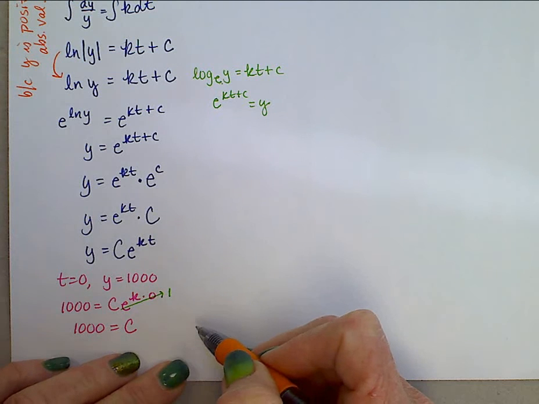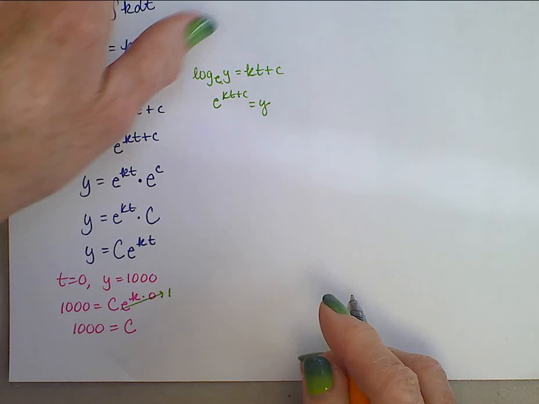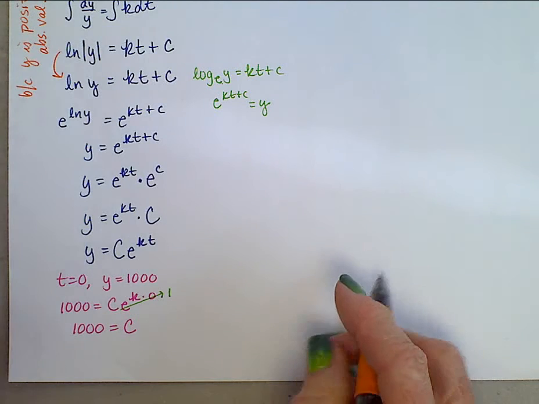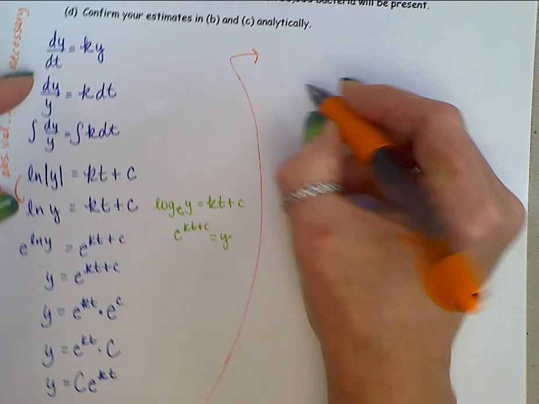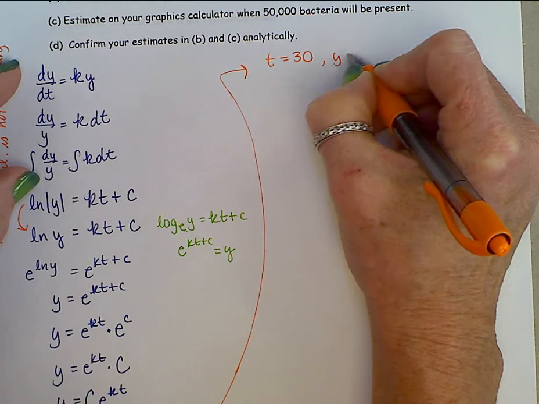And another piece of information we have is that at time 30 minutes, there will be 2,000 bacteria. So I'm going to actually have to come all the way up here. At time 30, y is 2,000.